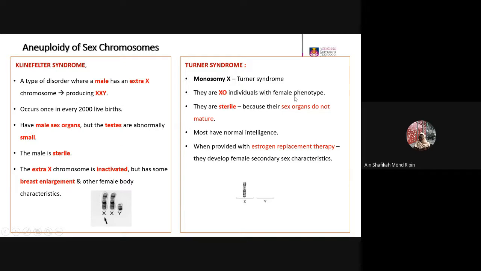So they are sterile because of their sex organ do not mature. Some are normal. Okay, have normal intelligence. So but when you provide estrogen replacement therapy, so they develop female secondary sex characteristics. So kena tolong sikit lah dia give the hormone estrogen. Okay, develop the female secondary sex characteristics.